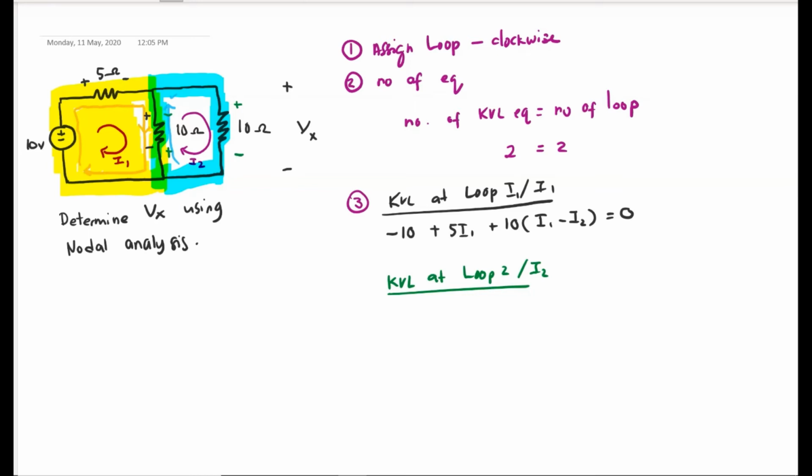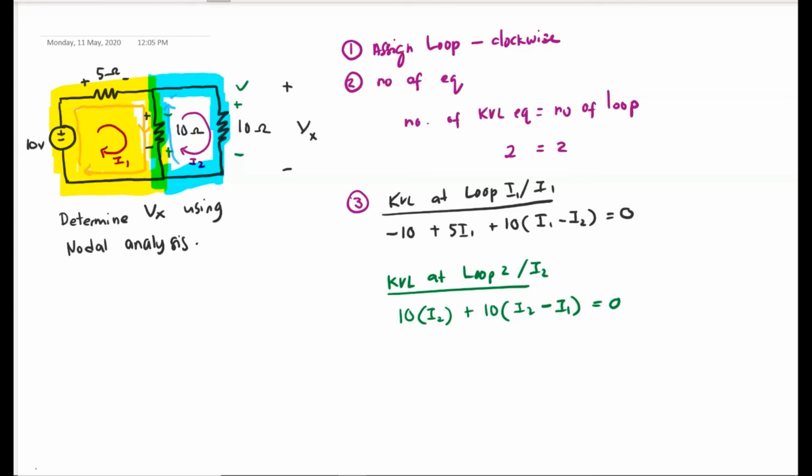In clockwise, the equation will be, we start with the 10 ohm here. 10 times I2, the I2 is dominant, plus 10, and you can see that there is I2 and also I1 flowing through the 10 ohm. So I2 is dominant, so I2 minus I1 equal to 0.